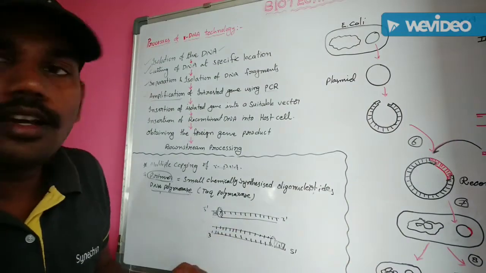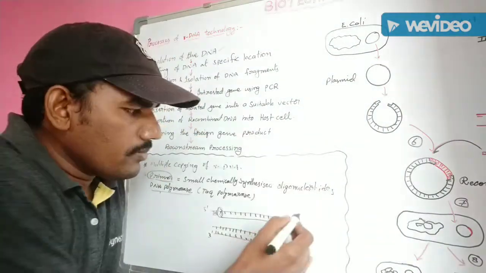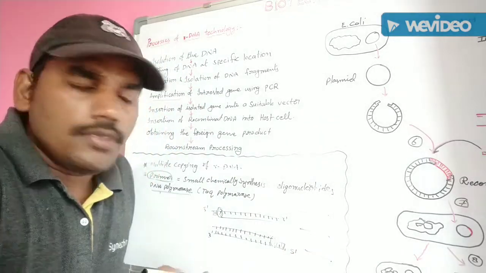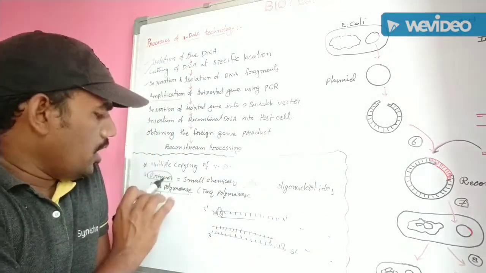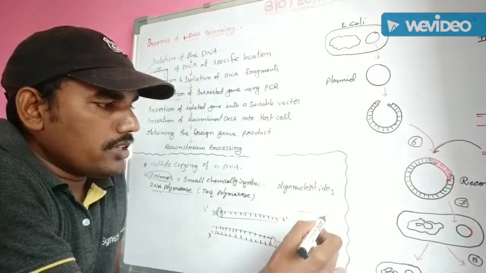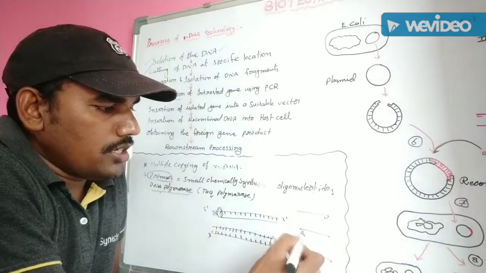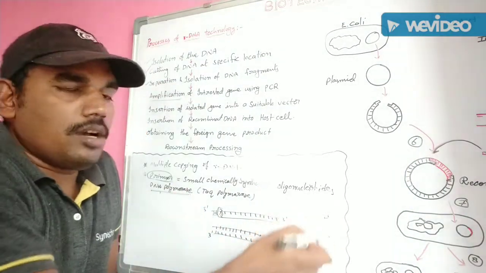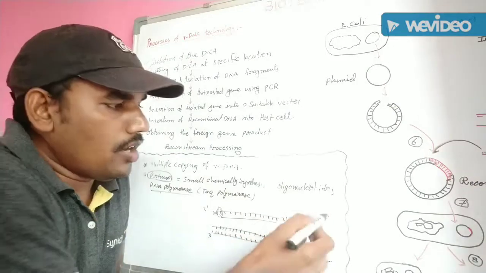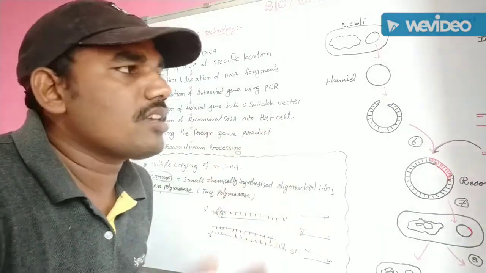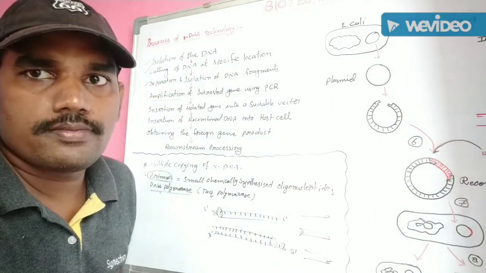These two DNAs are again denatured into 4 single strands. Then again, 4 primers are utilized for starting the polymerization process. Then DNA polymerase is applied to these strands, and complementary strands are synthesized. In this way, multiple copies are developed in this PCR process. Understand?